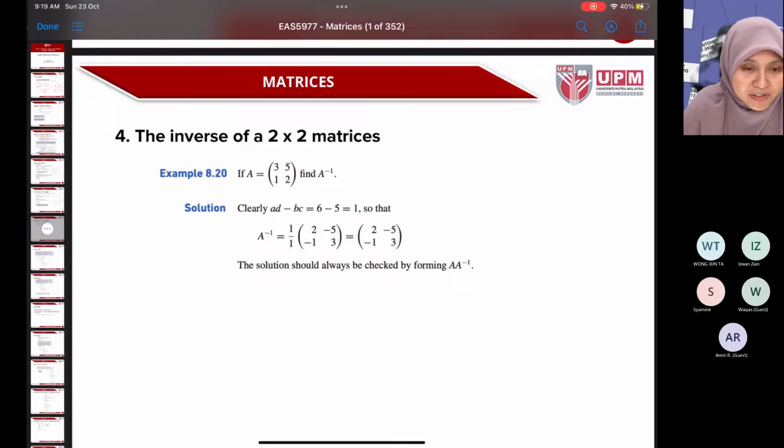Okay, and then an example. If A is 3, 5, 1, 2, find the inverse of the matrix A. One of the rules to find the inverse of the matrix is that we have to make sure that AD minus BC, 3 times 2 minus 1 times 5, does not give the answer 0.